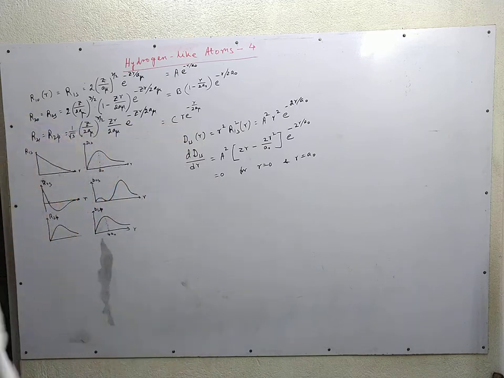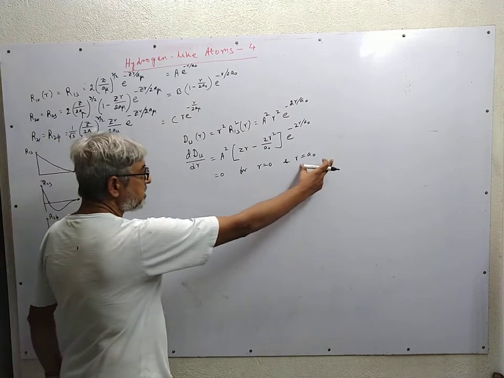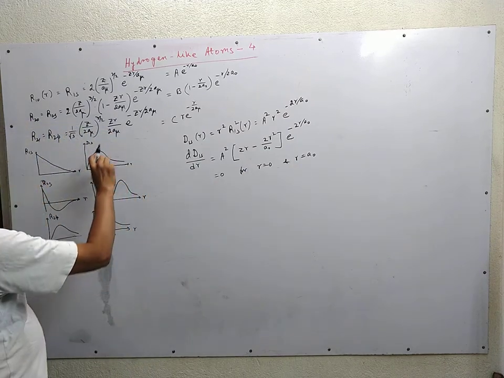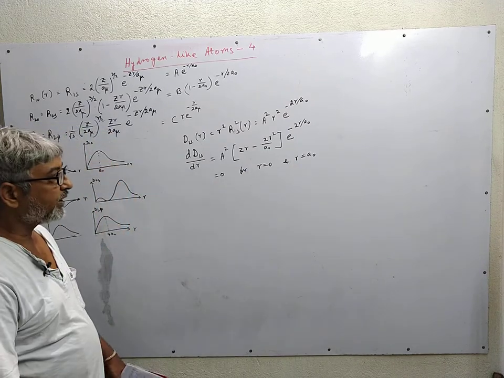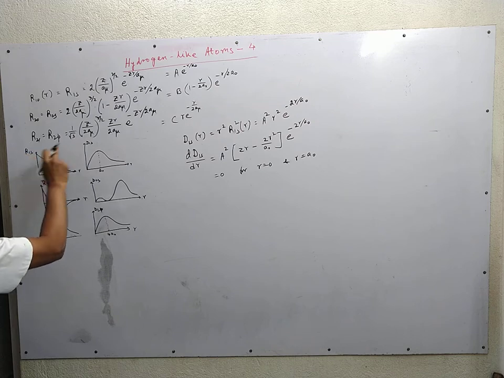R equal to 0 is not a maximum; it is a maximum at r equal to a0. This is called the first Bohr radius. Now we see that this is the radial wave function and this is the radial probability density.